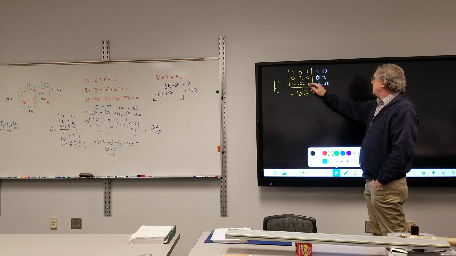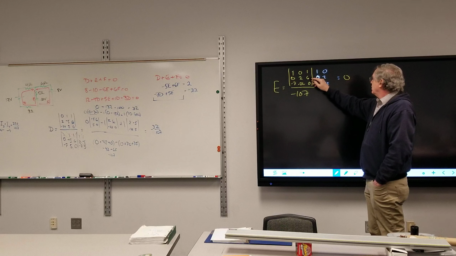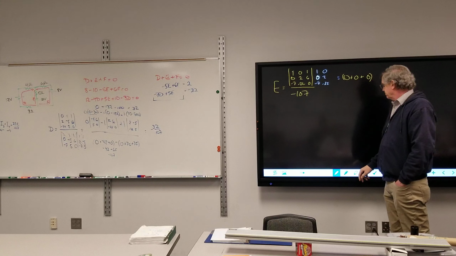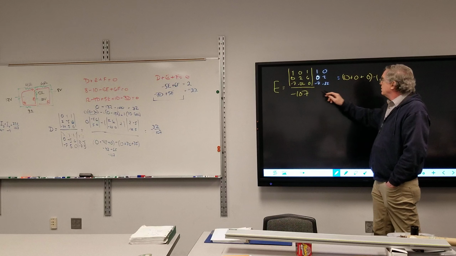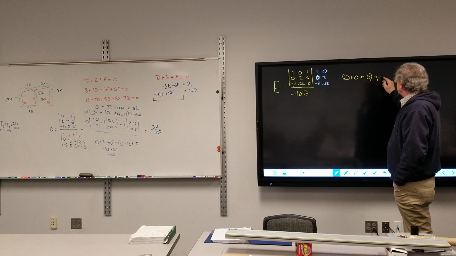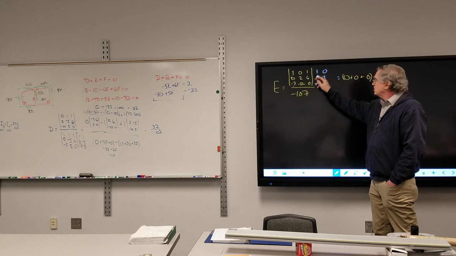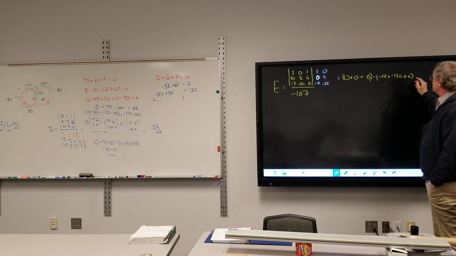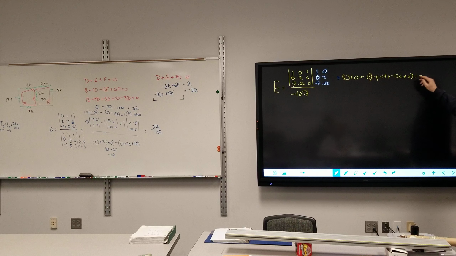And so we end up with 0 plus 0 plus 0 minus negative 14 plus negative 132 plus 0, which is, it'll be a positive 146 over 107.